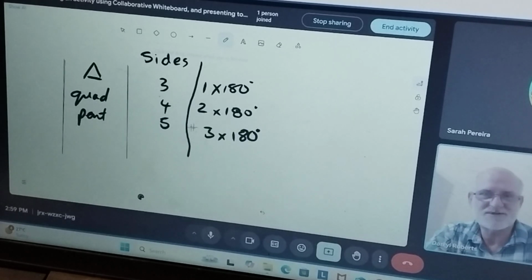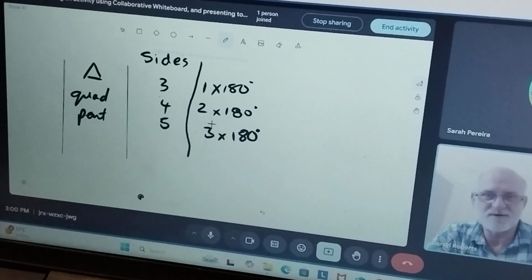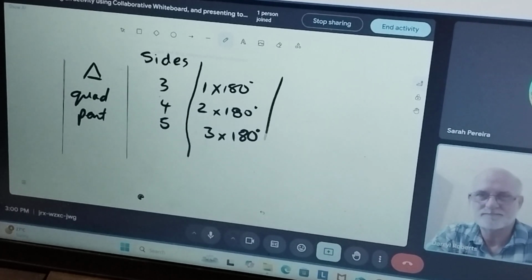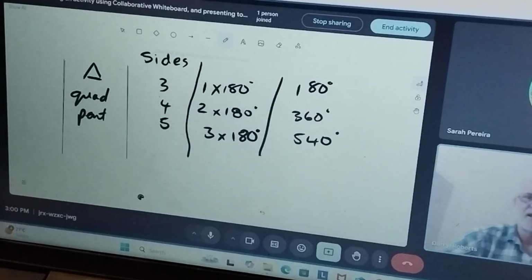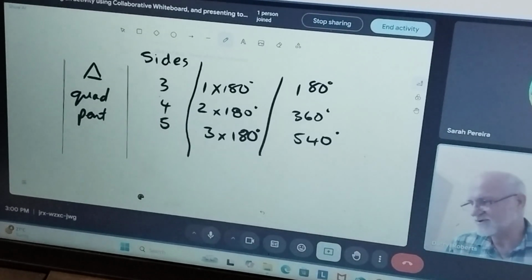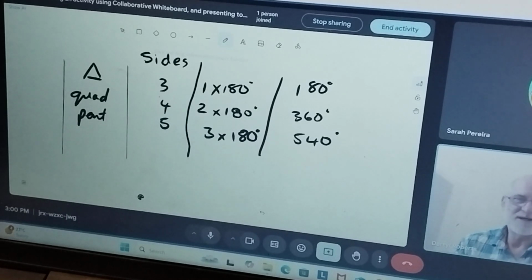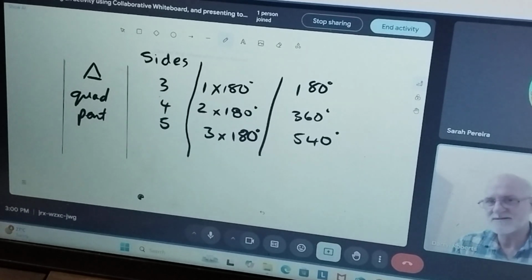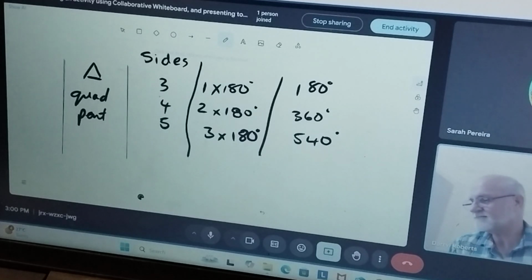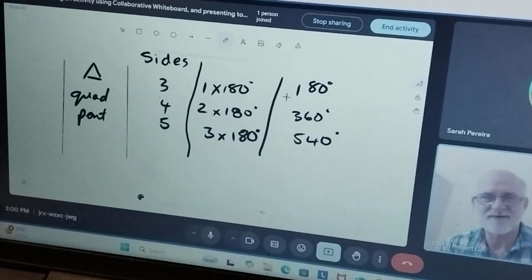It's showing you that you multiply 180 by 2 less than the number of sides every time. That would be your 180, your 360, your 540, and so forth. It's just a case of getting used to the relationship between the number of sides and what you multiply 180 by. That's all it is. And then they say to derive a formula.